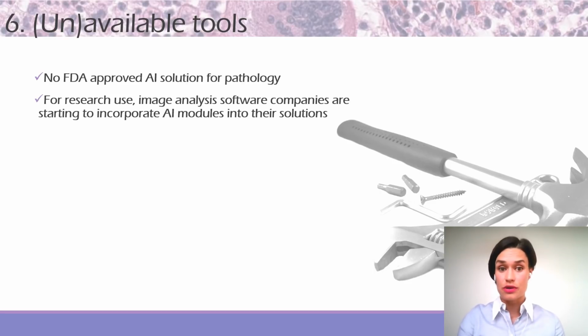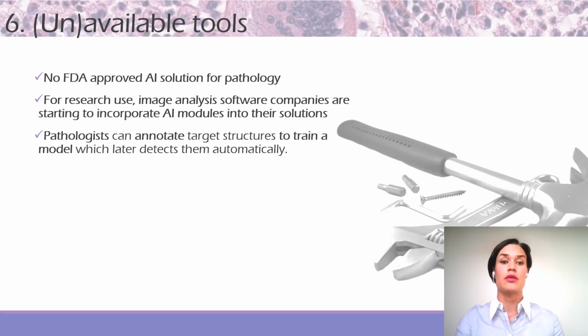But for research use only, image analysis software companies are starting to incorporate AI modules in their solutions, where a pathologist or a user can annotate target structures to train the model, and later the model detects those structures automatically. For example, the pathologist or the user annotates glomeruli on one slide or on one part of the slide, and then the algorithm detects the rest of the glomeruli on the other part of the slide or on the rest of the slides.